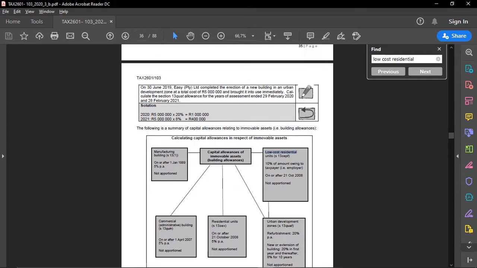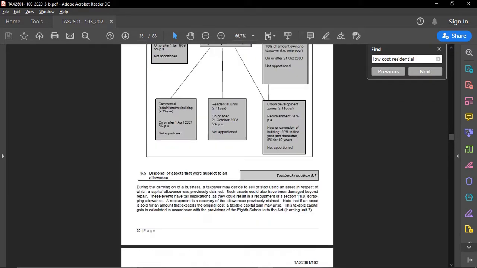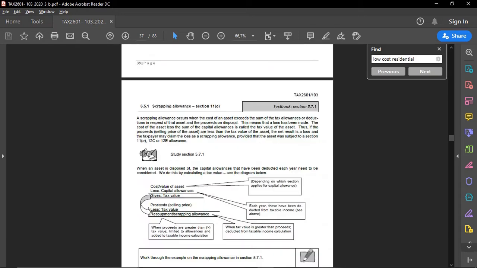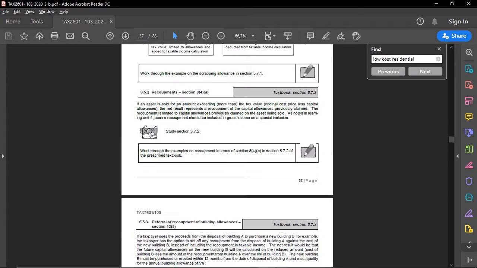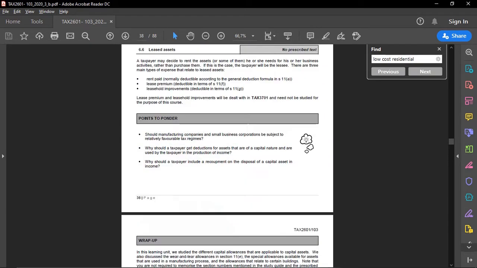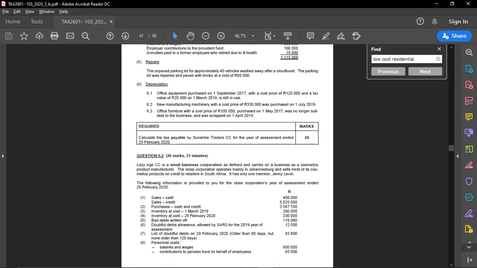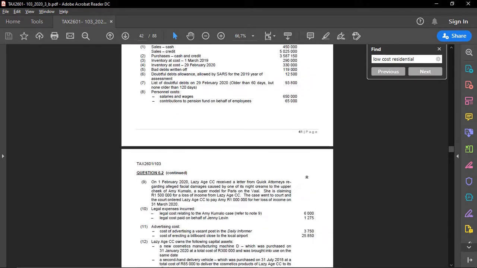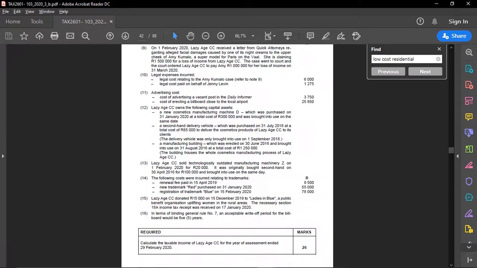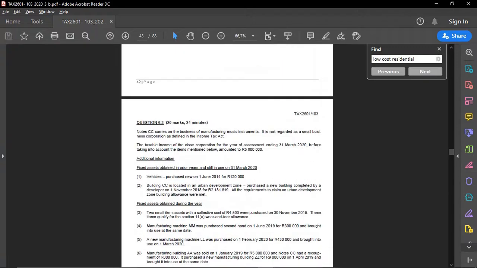Is there an example here? Let's see. This is the quat deduction. No. We're probably going to have to look at the textbook examples again. Yeah, it looks like it. So let me scroll further down. Is there any low cost residential? Not in that one.